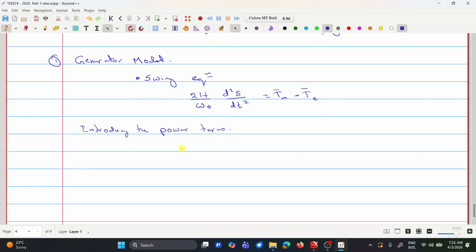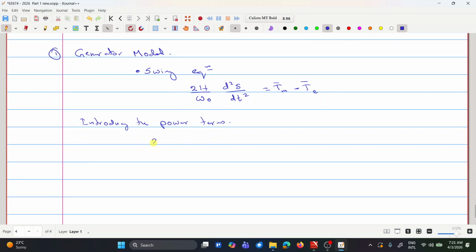So we'll have 2H over omega naught d squared over dt squared of the change in the angle equals the change in the mechanical power minus the change in the electrical power.